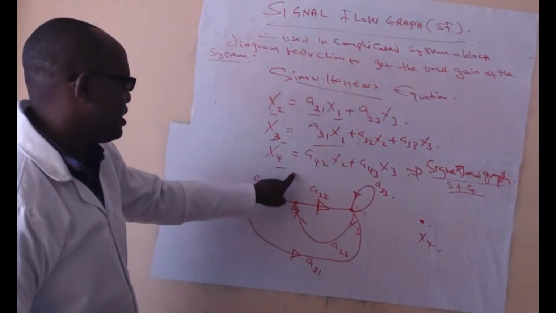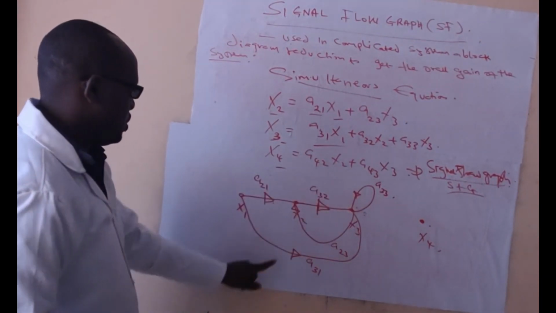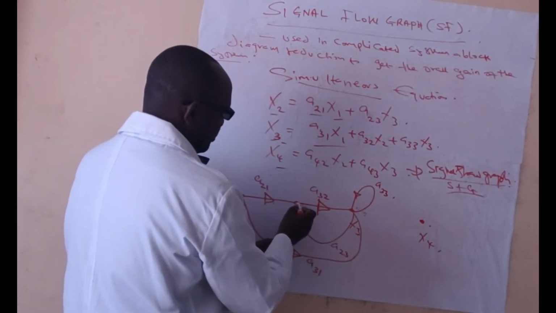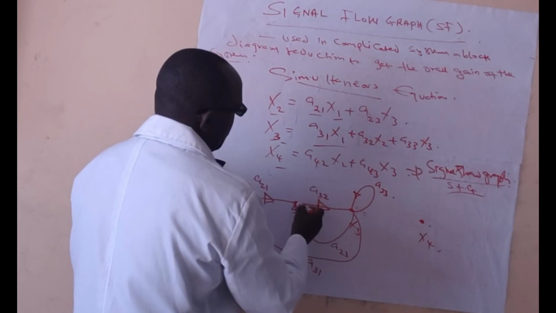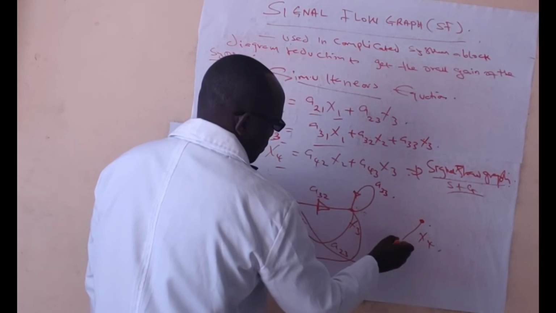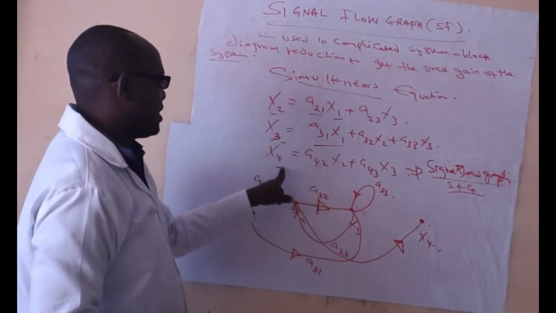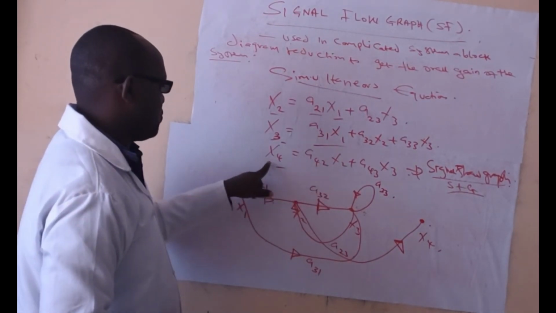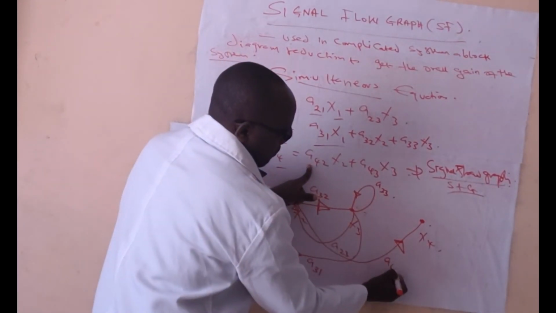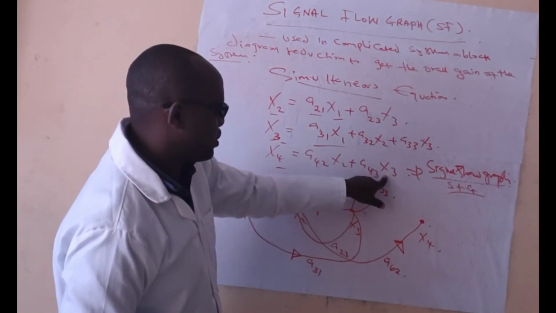Then you go to this one. It's coming from x2 going to x4, so direction is very important here. x2 is going to x4 with gain a42, and then this one is a43 x3.